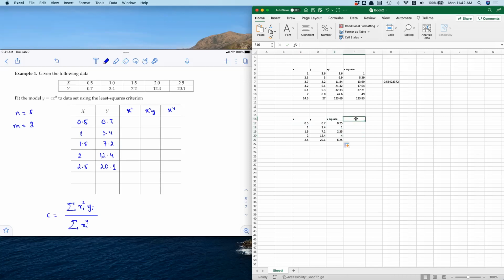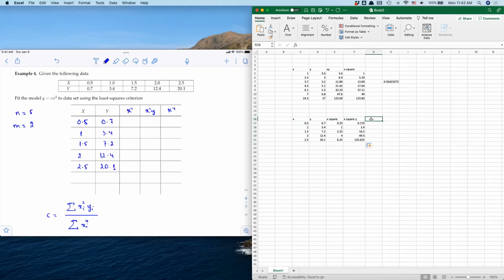The next column is x squared times y. So what you do is set this equal to x squared times the y value, and just drag the formula down.